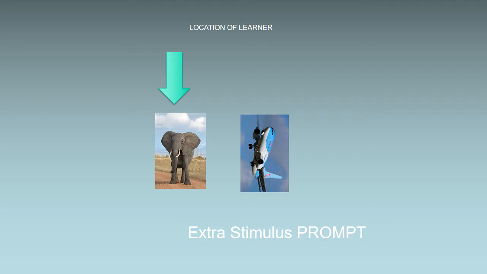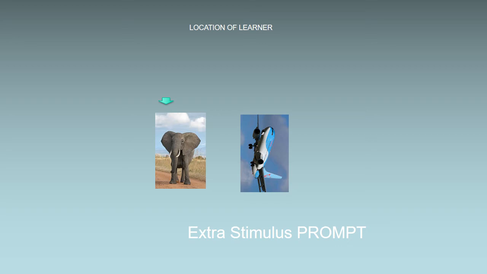But as I fade that prompt back, and I still use the same instruction, touch the elephant, what I'm doing is I'm transferring the stimulus control of that arrow, of them touching the elephant because of the arrow, to my more naturally occurring one, which is me saying touch the elephant.